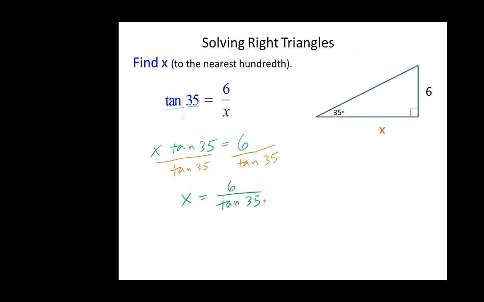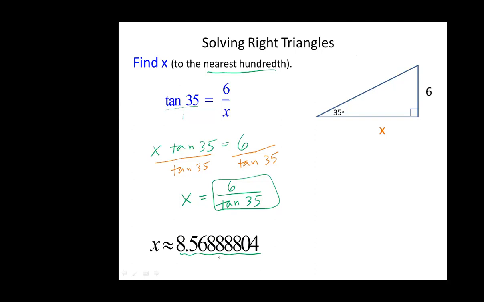This, by the way, is really the exact answer, but then we're going to write it as a decimal, since it does say to round to the nearest hundredth. So go ahead and try that on your calculator. Make sure you're able to get to this answer. Here, again, many numbers, but since we're rounding to the nearest hundredth, I'm just looking at the next place. I see it's 5 or more, so it will go up, and there's my answer, 8.57. That's the length of x to the nearest hundredth.